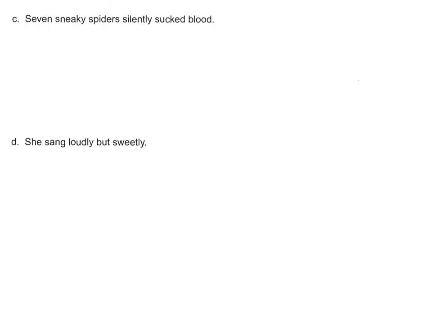I will go ahead and do 4C with you. Seven sneaky spiders silently sucked blood. Who or what is it about? Spiders. What did they do? They sucked. What did they suck? Blood. Okay, how did they do it? Silently. They were sneaky spiders, and there were seven of them.